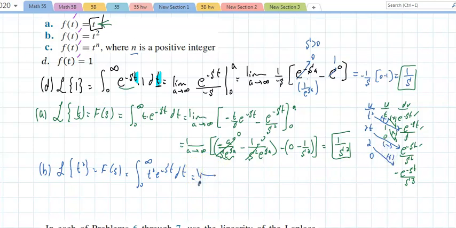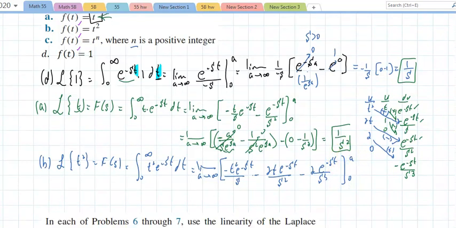So that's going to be the limit as a approaches infinity of negative t squared times e to the negative st divided by s, minus 2t e to the negative st divided by s squared, minus 2 e to the negative st divided by s cubed, evaluated from 0 to a.